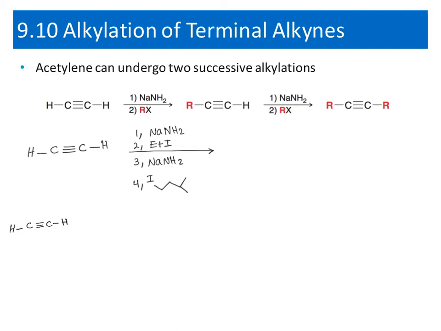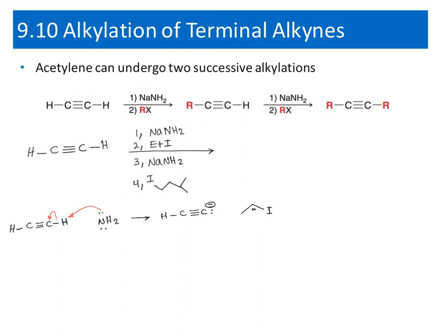So in the first step, sodium amide will take the proton to form the alkynide ion. Okay. Then in the second step, you are going to add ethyl iodide, which has this structure.